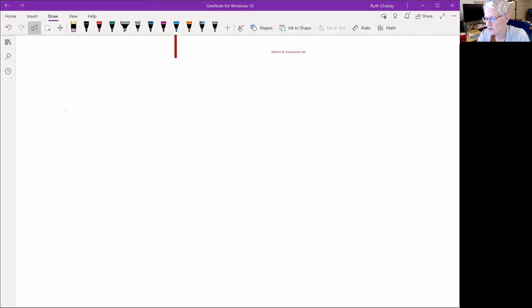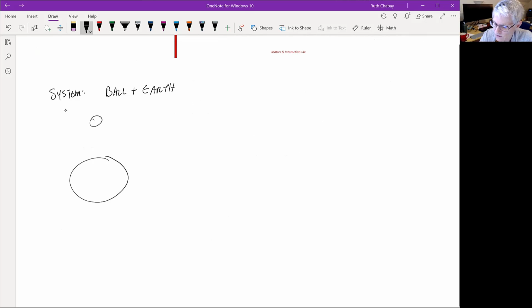Now let's consider, though, we choose a different system. Let's choose the ball plus the Earth, because we can choose a system with two objects in it. So here's our falling ball. Here's the Earth. Okay, the ball goes from initial to final.